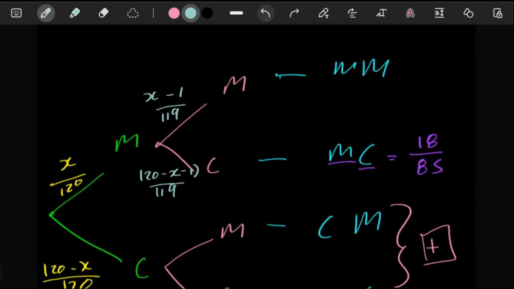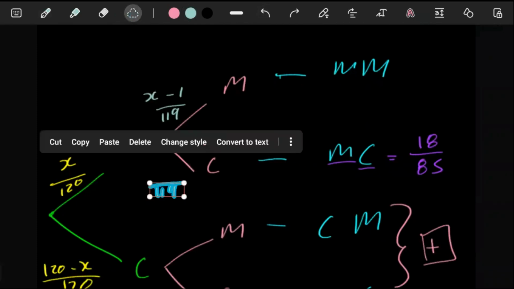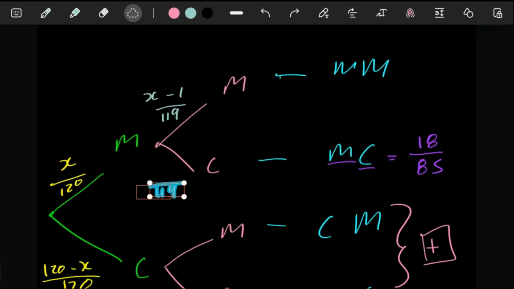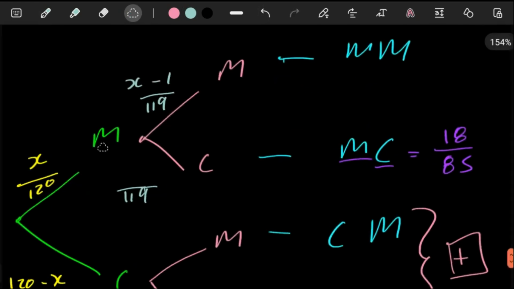Let's back things up a bit, because this is kind of important. Let's say that again. If one meat sandwich is gone, the number of meat sandwiches we have is x minus 1.